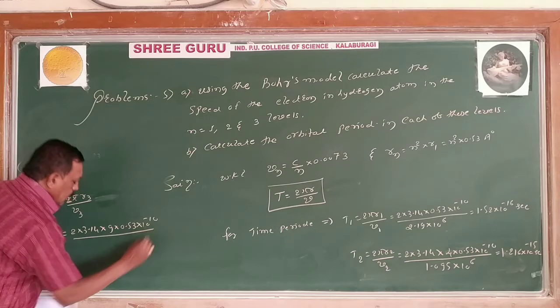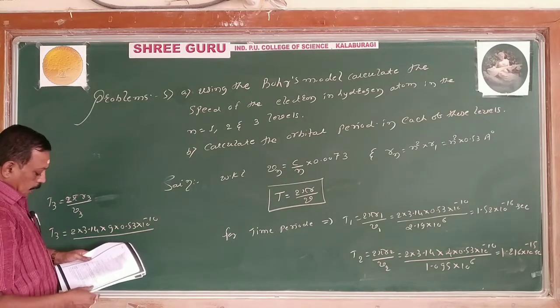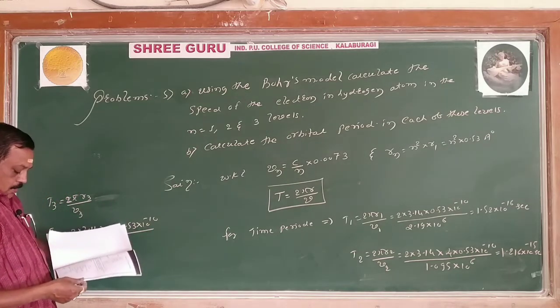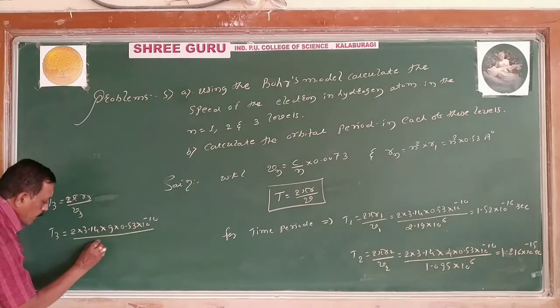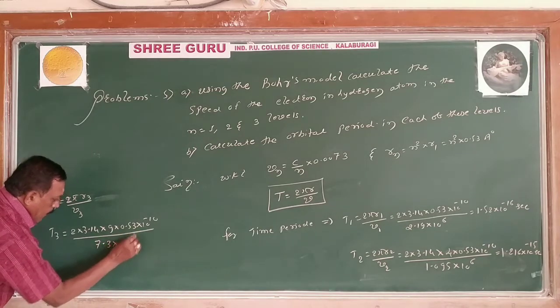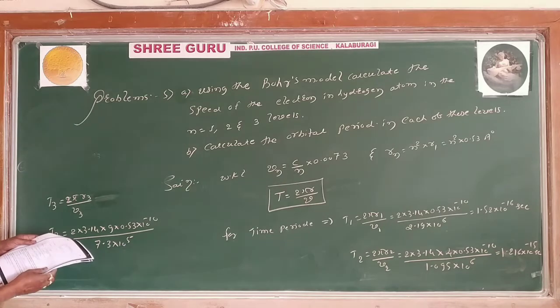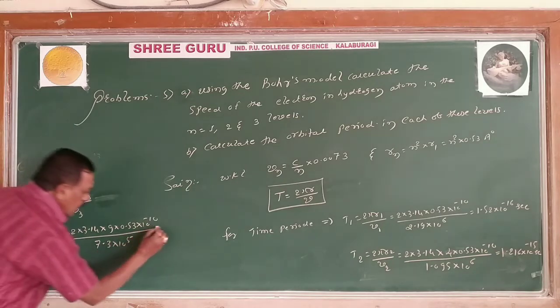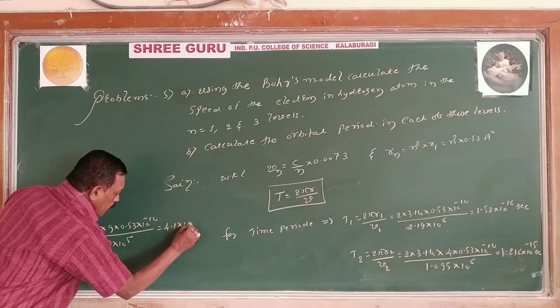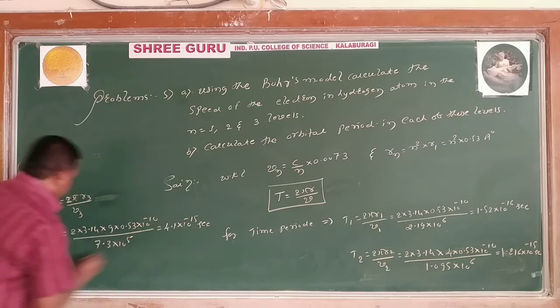We found V3. What is the value of V3? That is nothing but 7.3 into 10 to the power of 5. When you do that cancellation, this becomes 4.1 into 10 to the power of minus 15 seconds. These are the answers.